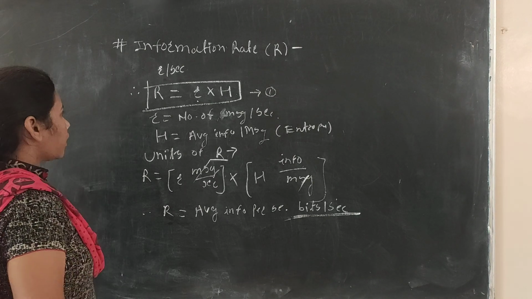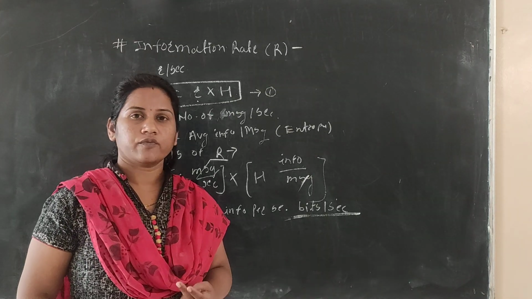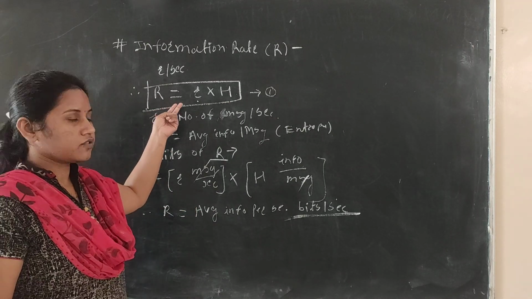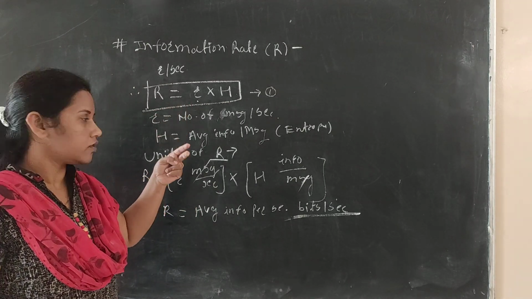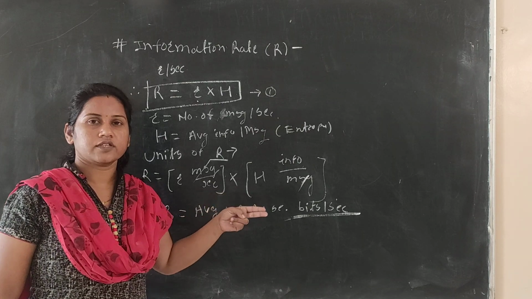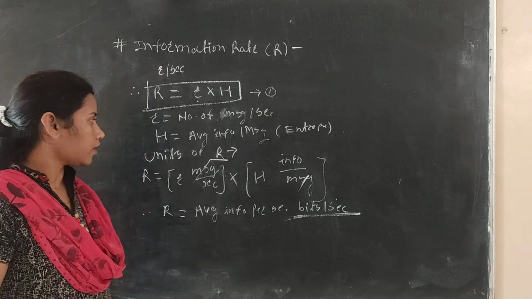In this way we have seen the two formulas up to this point in unit number 1: the rate of information R, and also the entropy H. Entropy H is nothing but information per message.